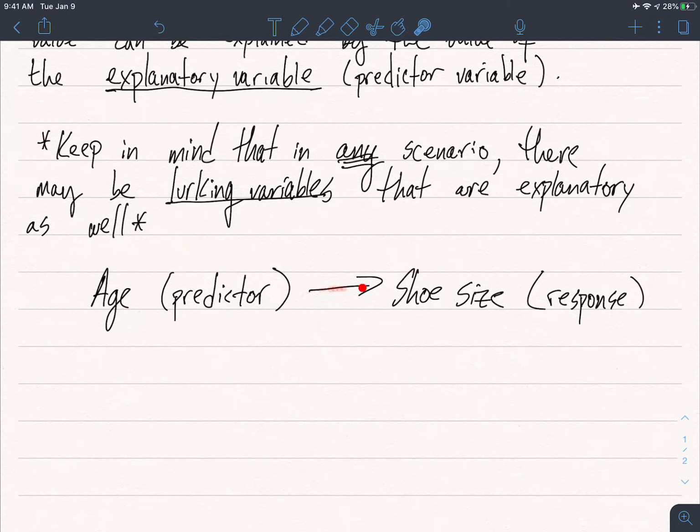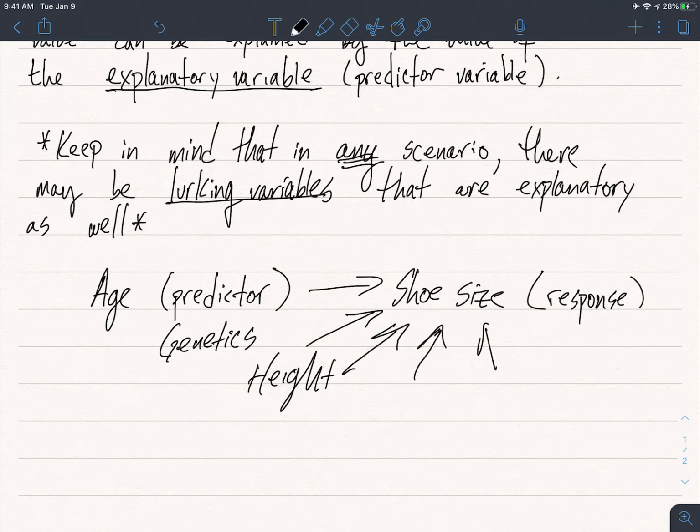It's not a one-way street, right? There's other factors that determine your shoe size, I guess, like genetics, which includes your height. I'm going to guess, right? Taller people generally have bigger shoe size. I mean, that's not the only thing that predicts shoe size either. But there's a lot of things that can factor into how big someone's shoe size is, right?